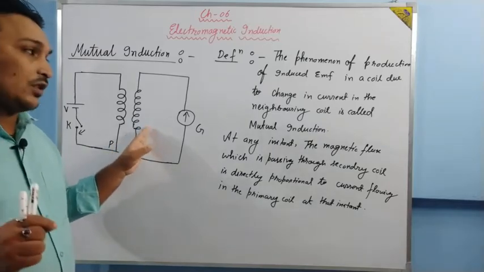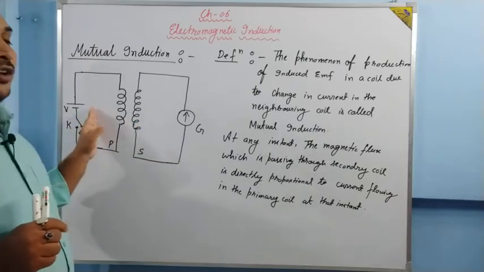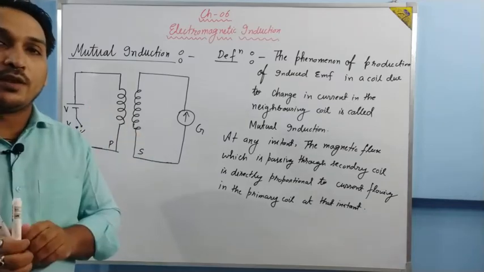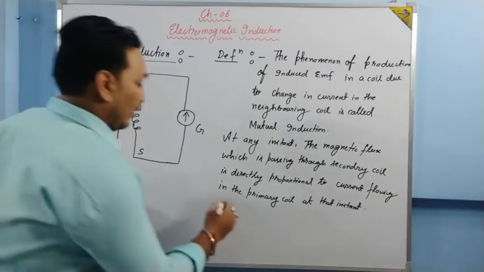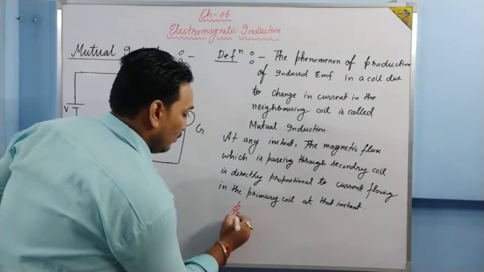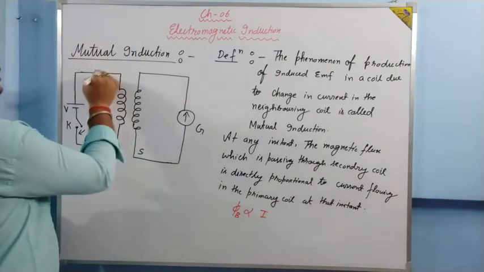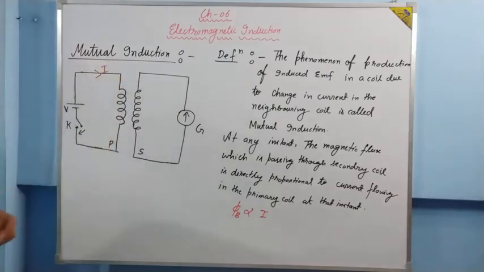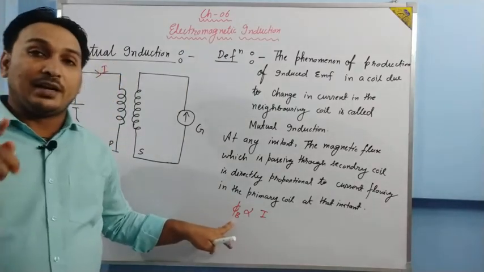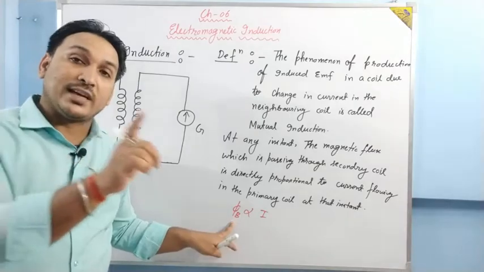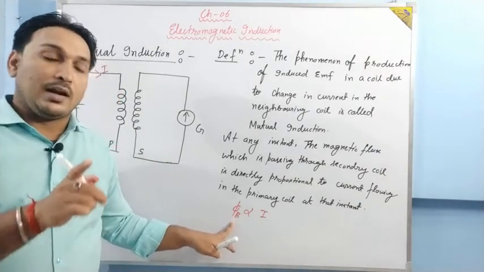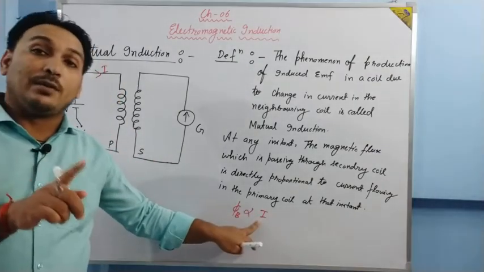It depends upon the current in the primary at that very point of time. Basically, we have to write here phi B is directly proportional to I. What is I? I is current flowing in the primary coil. Phi B is the magnetic flux linked with the secondary coil.